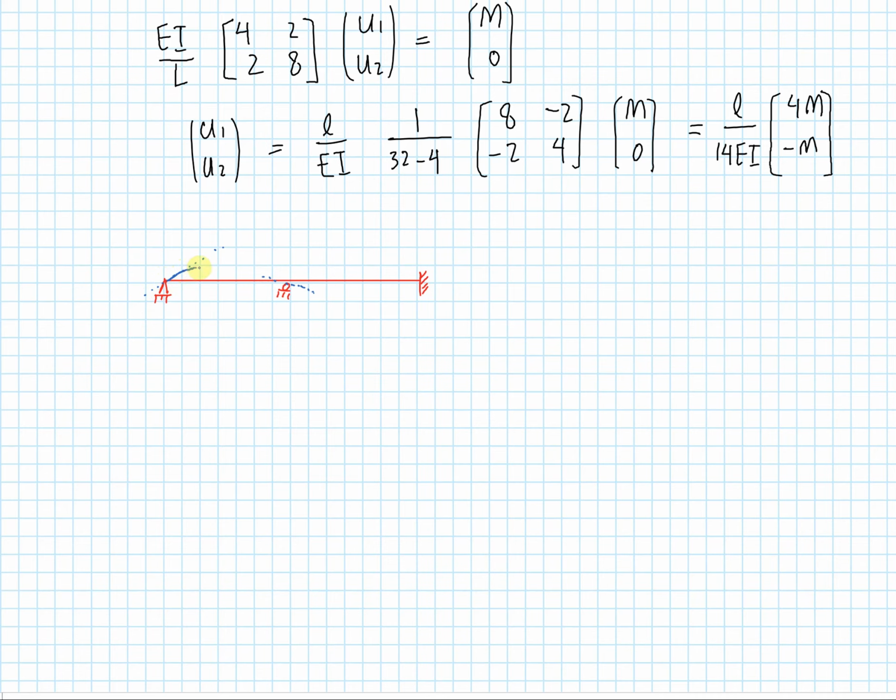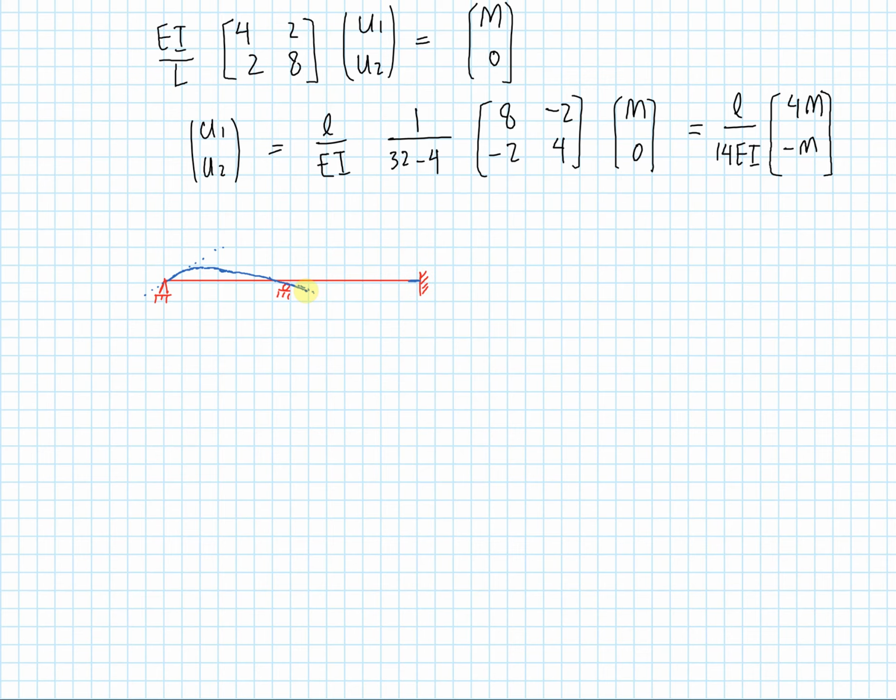Okay, so let's draw our deformations. So we have our beam moving up, going down, down. Oops, appears that I've made a mistake here. Here we go, that's a much better line. And the position of the fixed boundary condition is always fixed, so no deformations in any way, no displacements, deflections, rotations, anything like that.